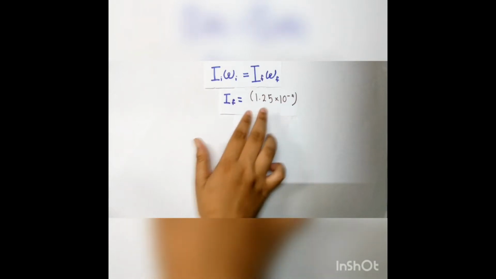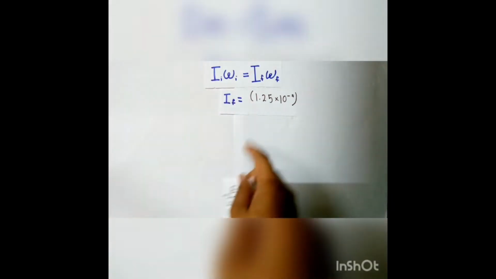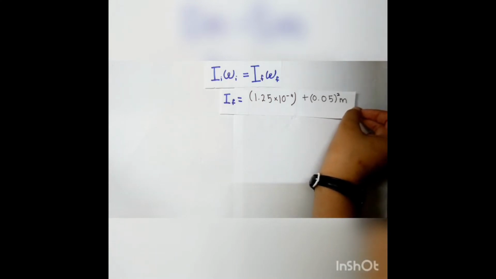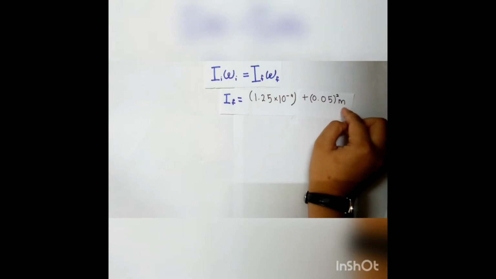Final moment of inertia is equal to 1.25 times 10 to the power negative 4 plus 0.05 times meter squared times m. M is the mass that we need to find. So we substitute the information that we have into the formula.